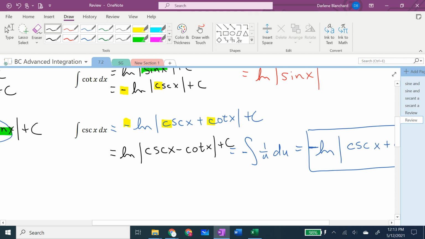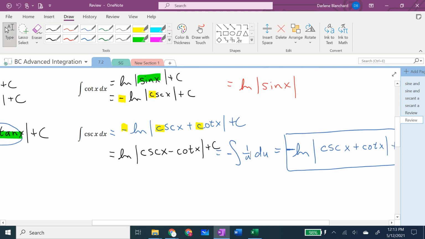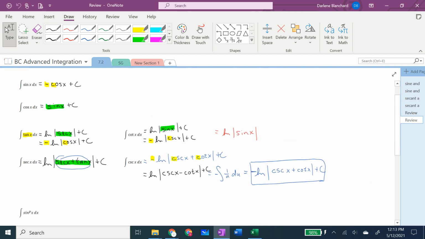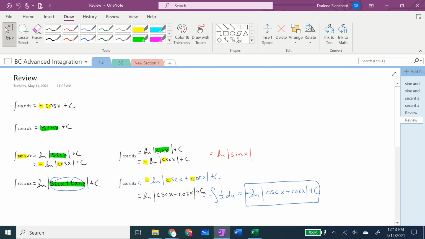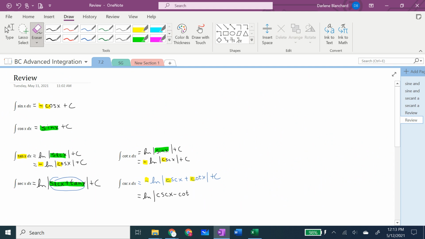That subtraction causes an issue with the negatives negating. You can play with it and see that that does happen, but you're going to find your way of remembering all 6 of these trig function integrals, in whatever version you remember it.